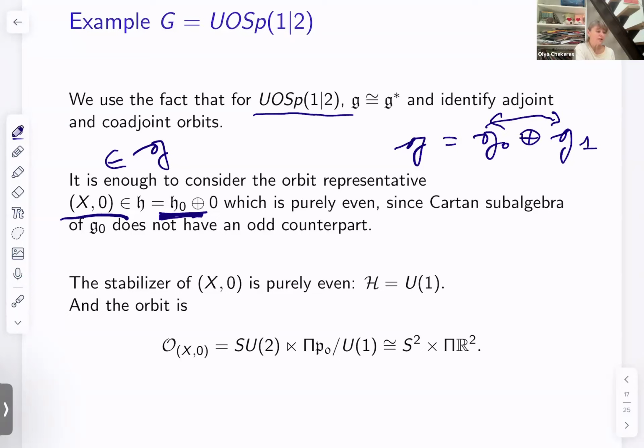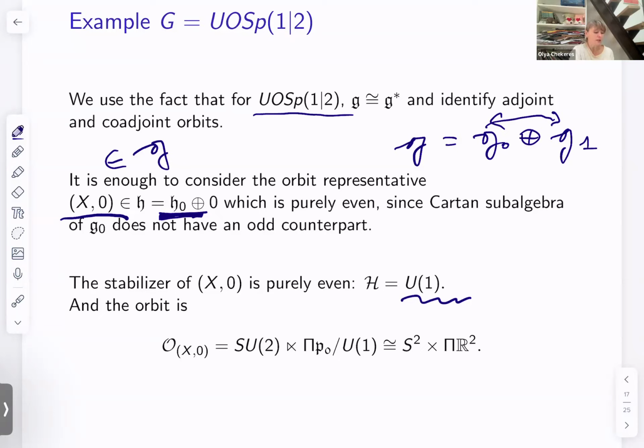And then we compute the stabilizer, which stabilizes this element, and this turns out to be purely even. This is just the U1 subgroup of the supergroup UOSP(1,2).